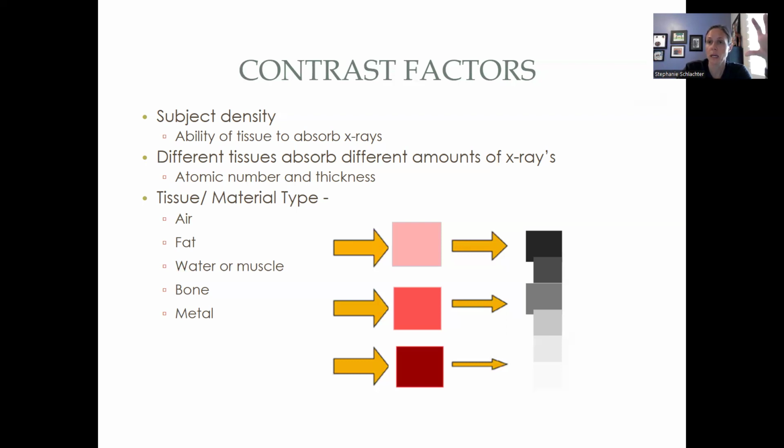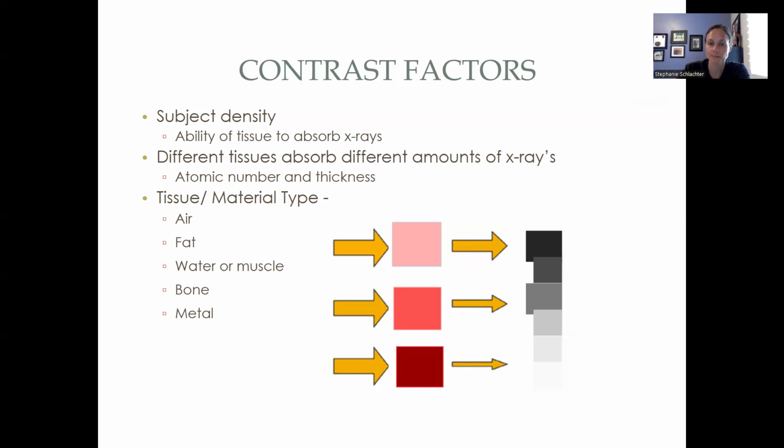So the pink is less dense than the red, right? The pink is the least dense, the red is the most dense because it has the most color. You can see the X-rays that get through the pink are pretty good, right? It's almost the same size as the X-rays that left the tube head. So that's going to give us a darker image on our radiograph.